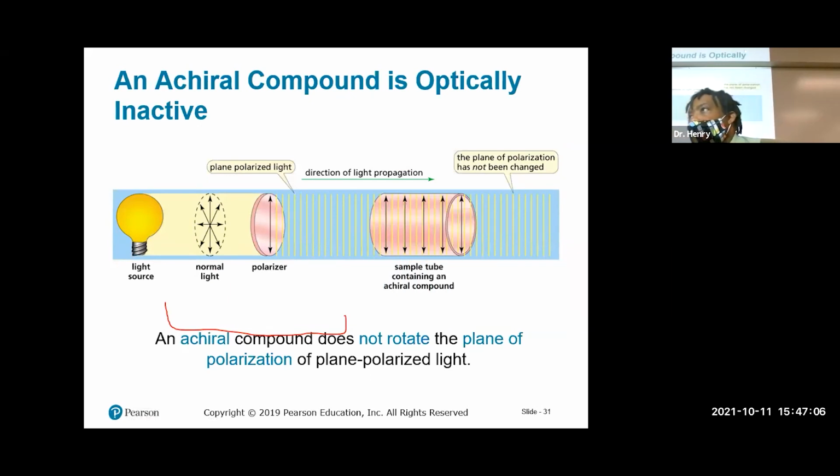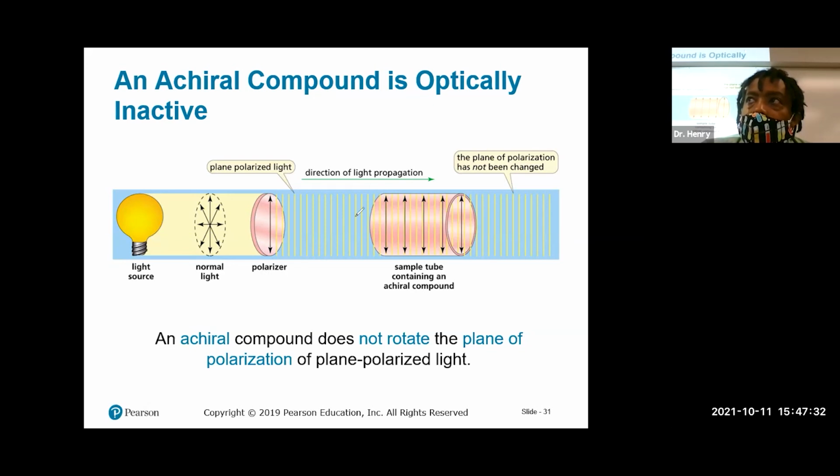And here, a chiral compound rotates the plane of polarized light. Okay, so here's our polarizer.